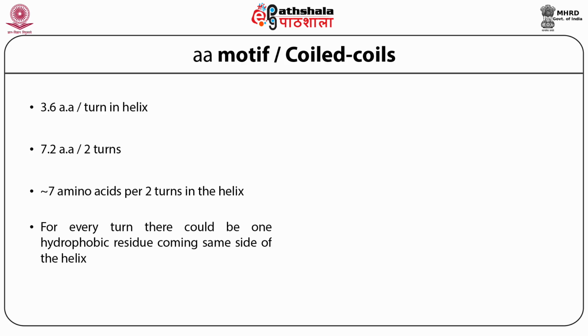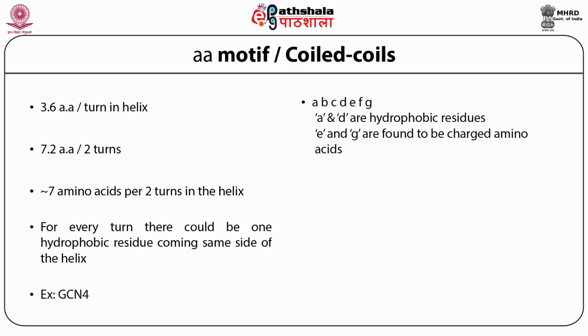The 7 amino acids can be denoted as A, B, C, D, E, F, G, where A and D are hydrophobic residues and E and G are generally found to be charged amino acids. So for every turn, there could be one hydrophobic amino acid, that's A, or there could be two hydrophobic amino acids, A and D, and these generally come on one side of the alpha helix. So one side of the alpha helix has all these hydrophobic amino acids. So basically those two alpha helices stick to each other.